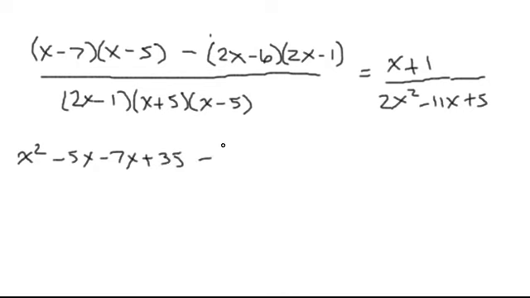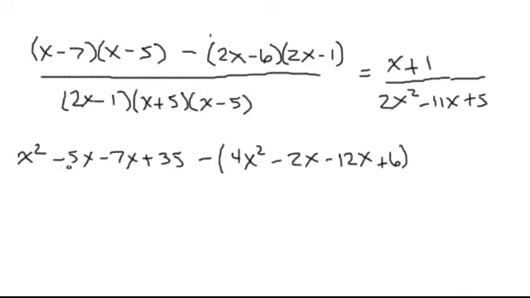Let's go ahead, I'm going to put a big parenthesis here, go ahead and multiply this out. 2x times 2x is 4x squared minus 2x minus 12x and then plus 6.